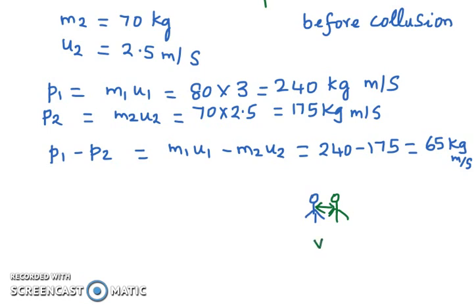So, the final velocity V1 of the first player will be equal to the final velocity V2 of the second player. Let that be equal to V. This is on collision.